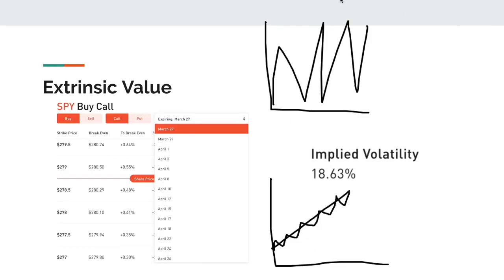The more volatile the stock is, the more valuable the option becomes. If you put two and two together, it's because the more likely it will swing to the strike price that you favored.